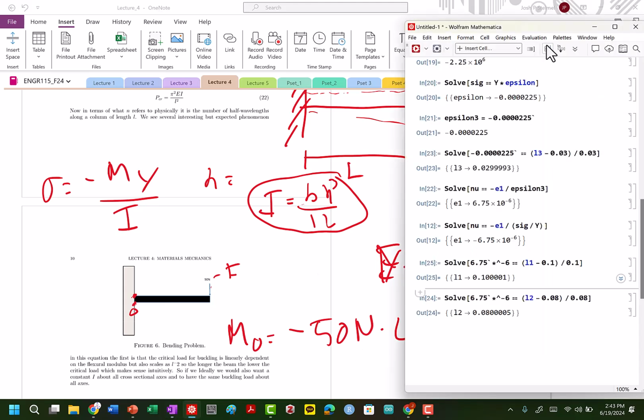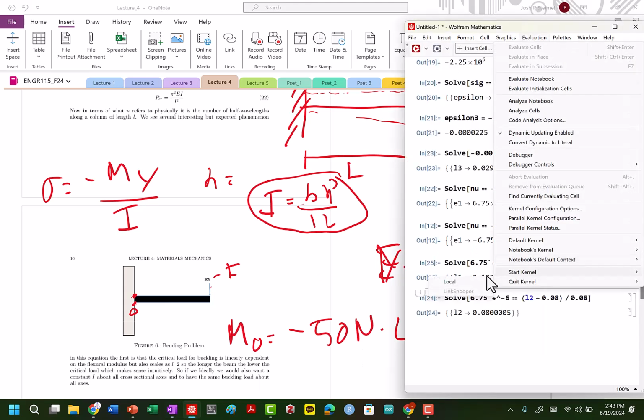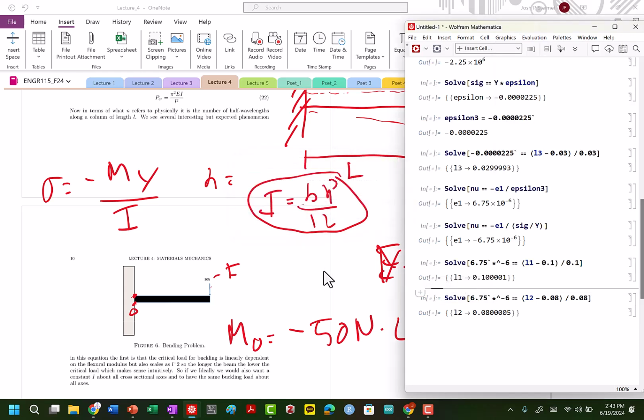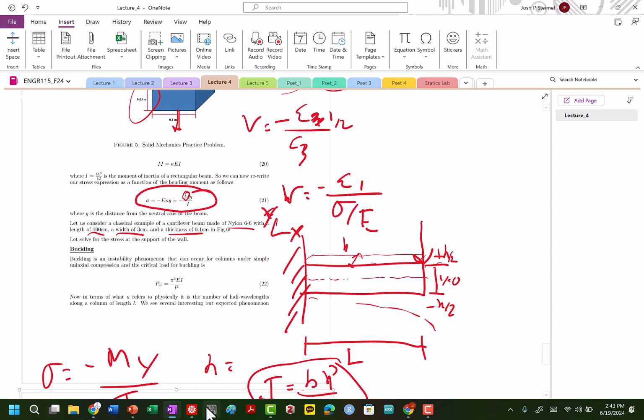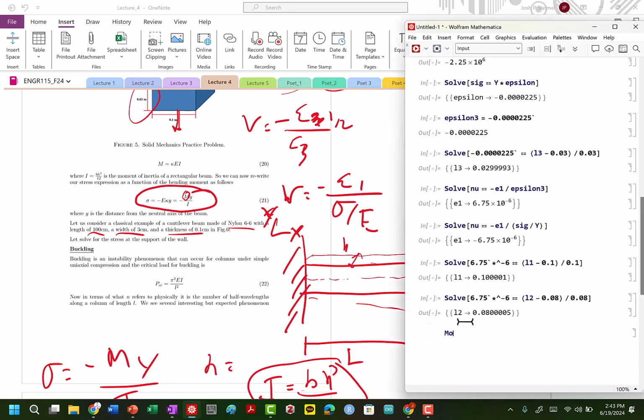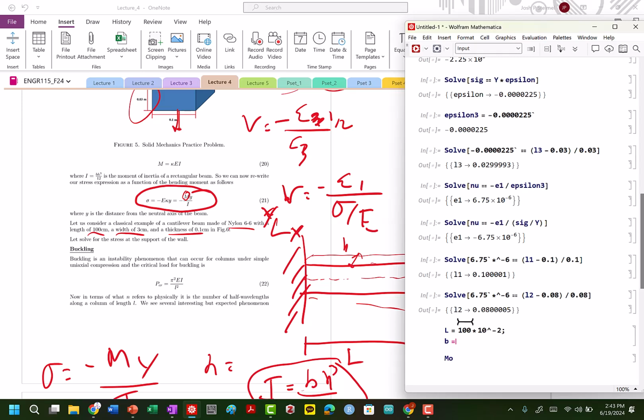So I'm going to quit and clear everything here. Let's define our variables. Our length equals 100 times 10 to the minus 2. Our base is equal to 3 times 10 to the minus 2.